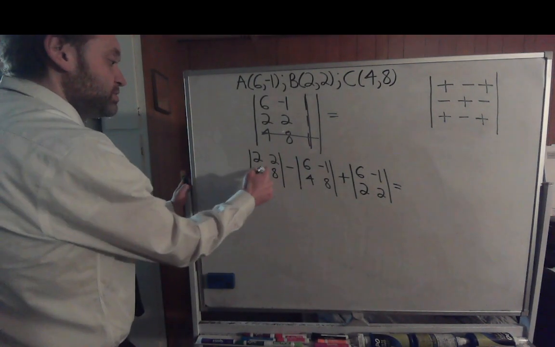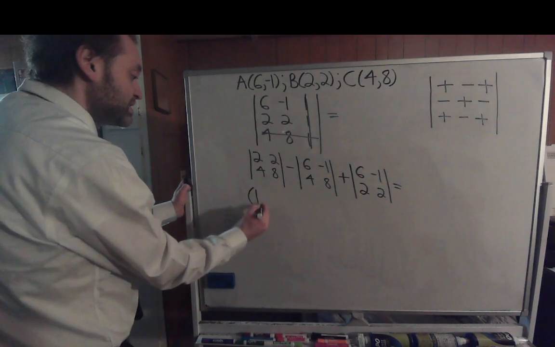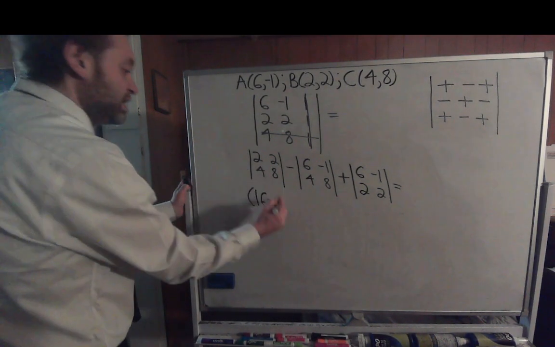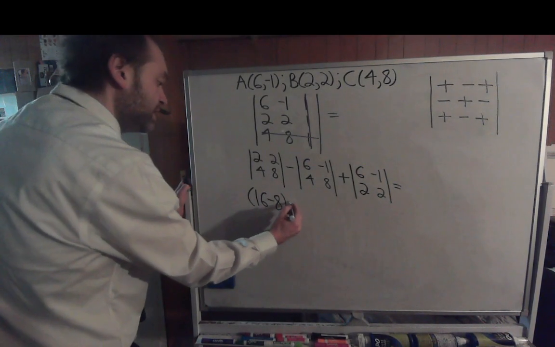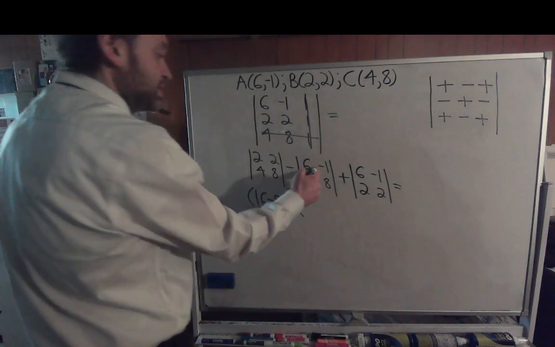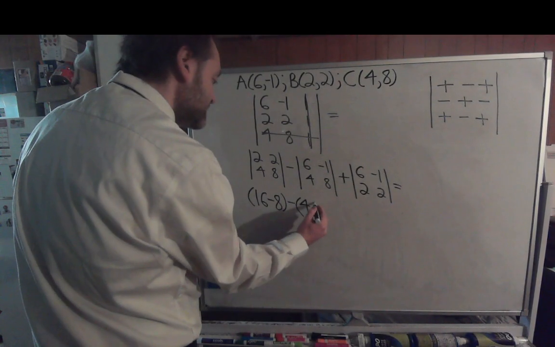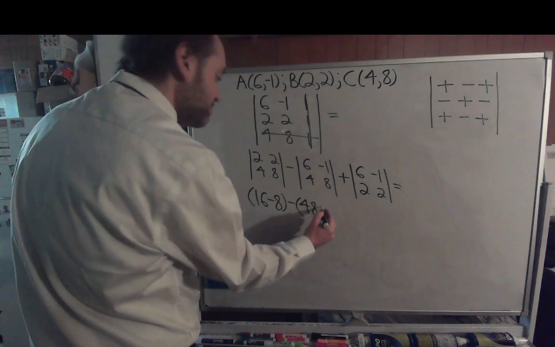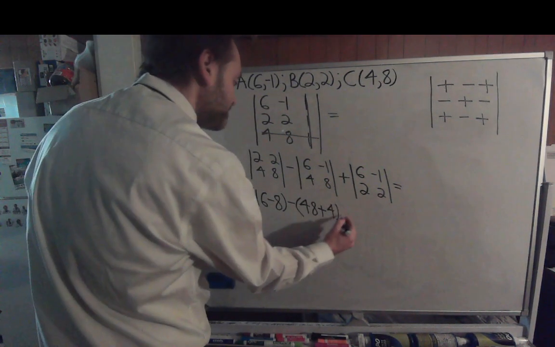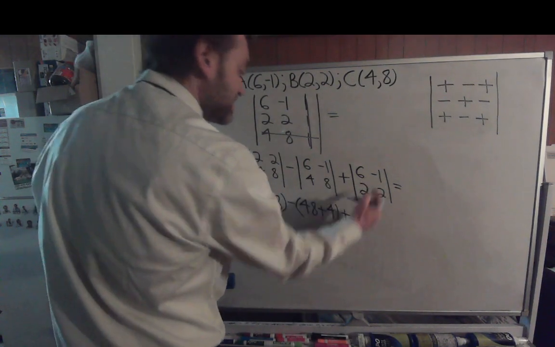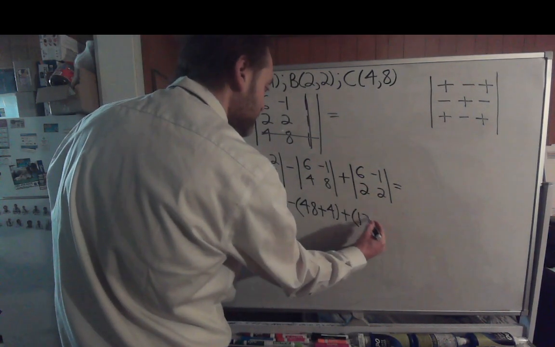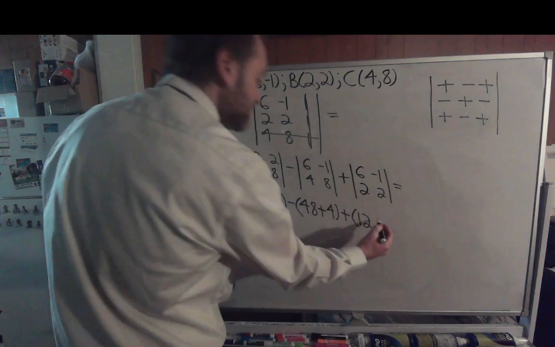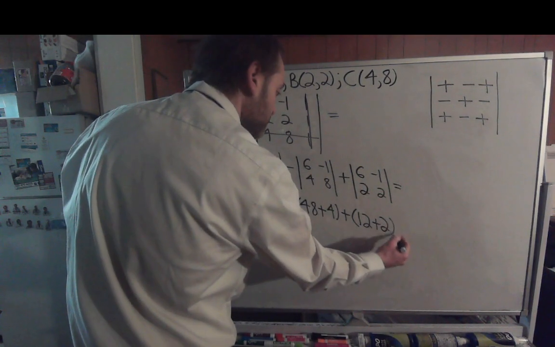So 2 times 8 is going to be 16, minus 2 times 4, which is 8, minus the next determinant. 6 times 8 is 48, minus -1 times 4, that would be plus 4, plus then we have 6 times 2, which is going to be 12, minus -1 times 2, that'd be plus 2.